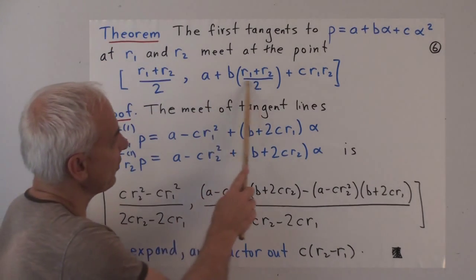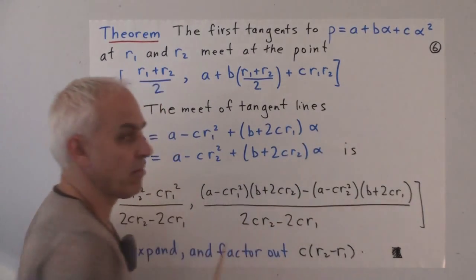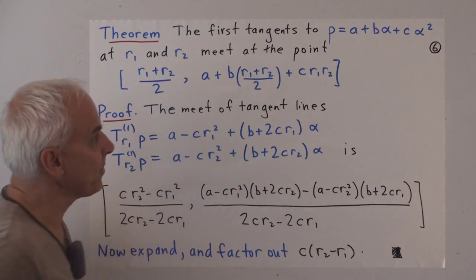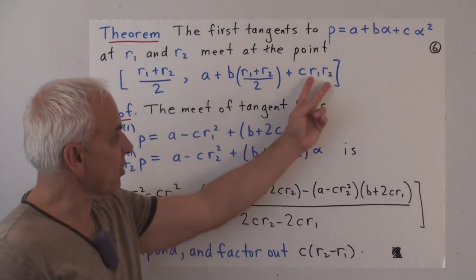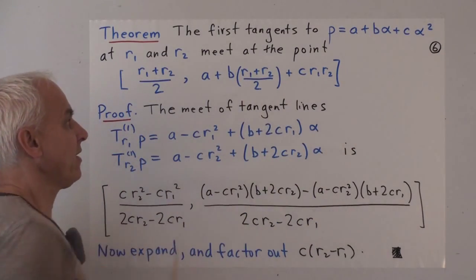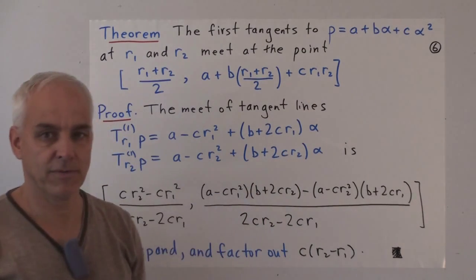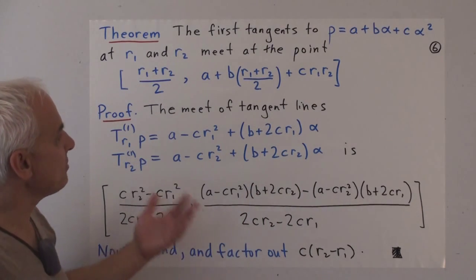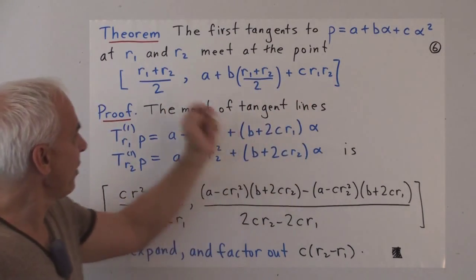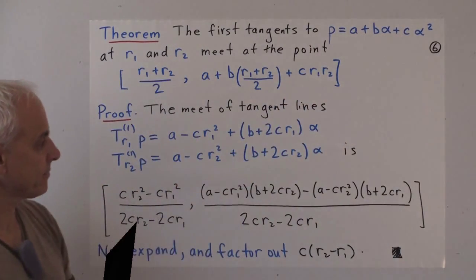And I should remark about this thing here, it's also rather pleasant. It has the same form as the original polynomial, a plus b something plus c something else. And this is a linear thing and this is a quadratic thing, just like over here. But here we've got the average of the two r's, and here we have the product of the two r's. So in some sense it's almost the simplest kind of thing that you could cook up with r1 and r2 involved in here.